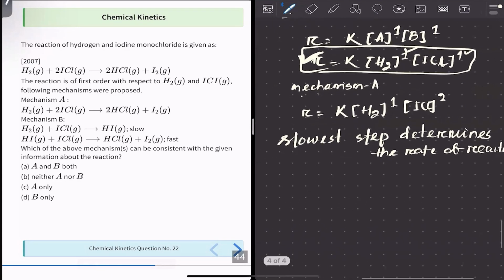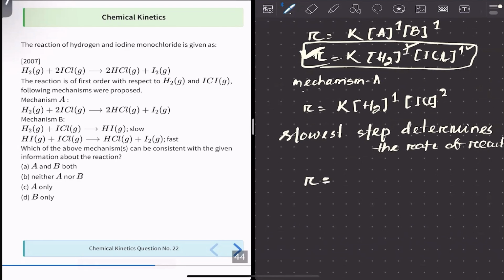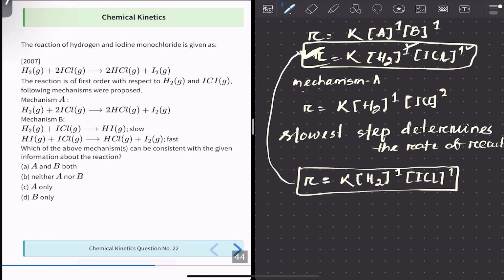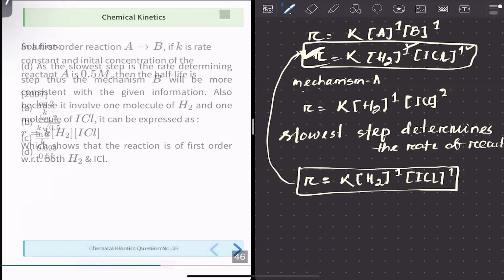So for mechanism B, the rate will be decided by the slowest step: K [H2]^1 [ICl]^1. So this mechanism matches the correct rate for this reaction. Mechanism B is correct for the above reaction. So what will be the correct answer? Option D. Let's move on to the next question.